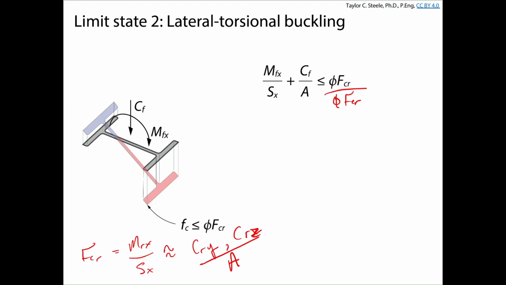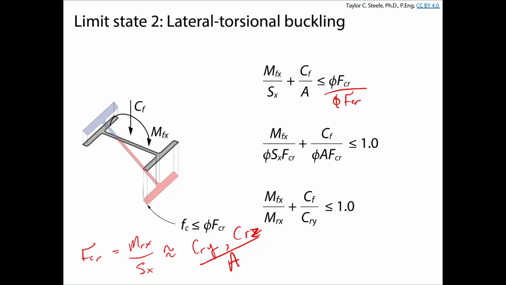If the beam wants to buckle about its weak axis, the flanges are kicking out sideways. And if the beam wants to experience lateral torsional buckling, the compression flange is kicking out sideways. They're similar enough failure modes that we're going to assume that that stress is more or less the same for both of those. So in doing so, we get phi SX FCR on the denominator of the moment resistance term and phi A CR on the compressive resistance term.